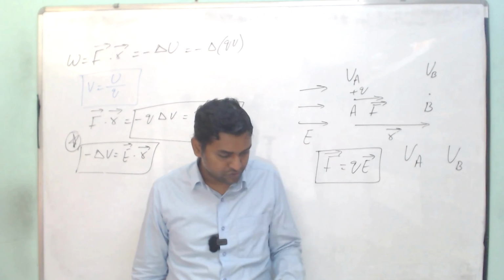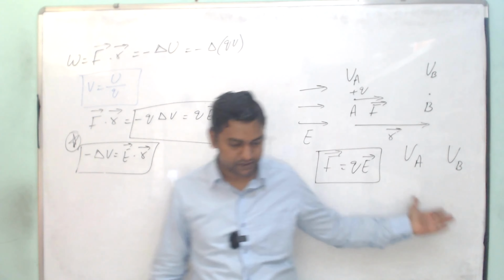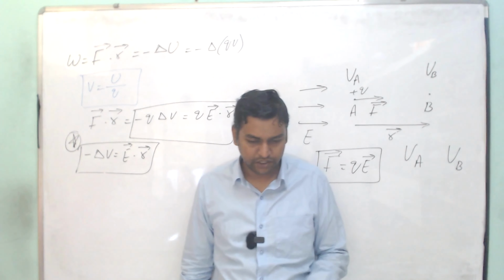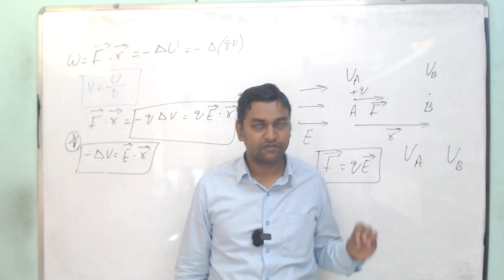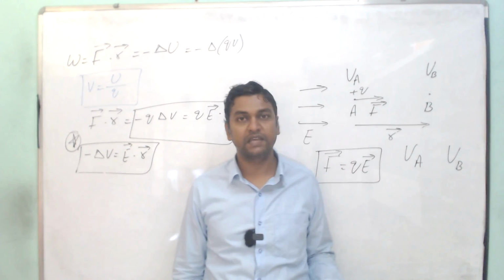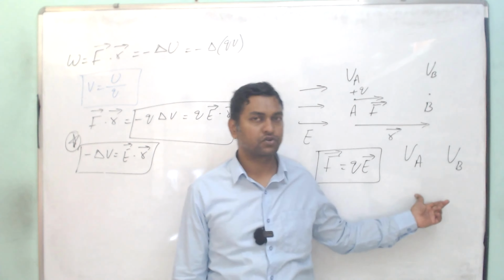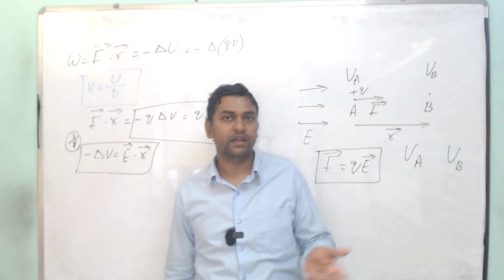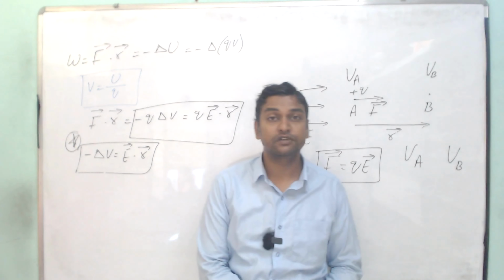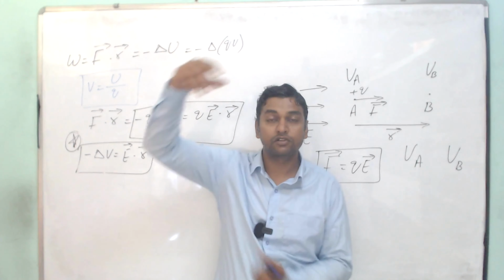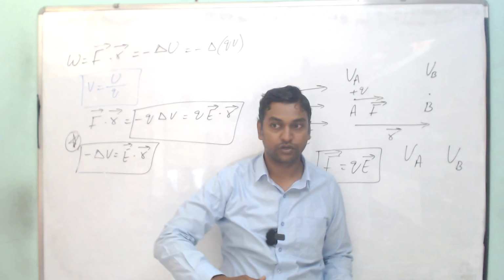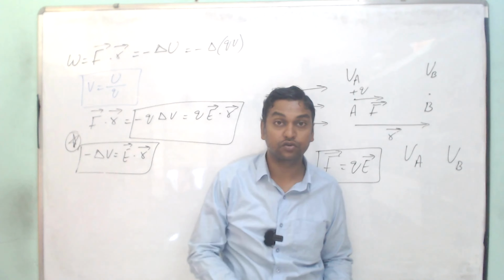What I'm trying to say at this point is that there is a physical quantity in all the chapters which is important and plays the same role but has different names. In this chapter it's called electrostatic potential. In gravitation, the same thing is called gravitational potential. When my marker falls from this point to this point, it is going from a higher potential to a lower potential.